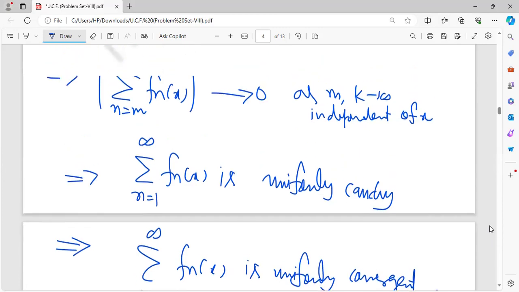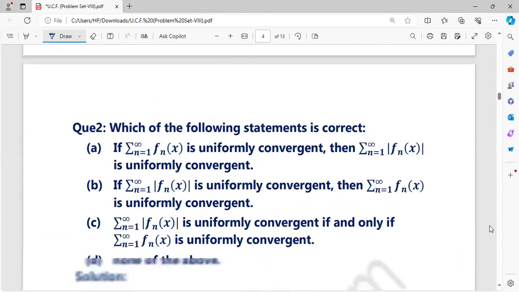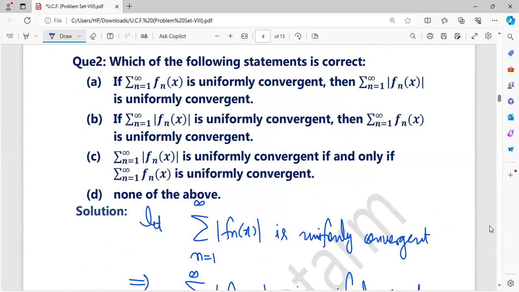So which option is correct? Option B is correct. Now, whether A is correct or not. A is not correct because I can take the function (-1)^n upon n. This is uniformly convergent on R, but if you take the absolute value, it is not uniformly convergent.